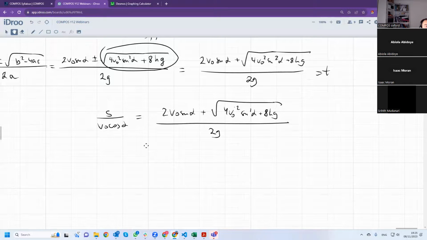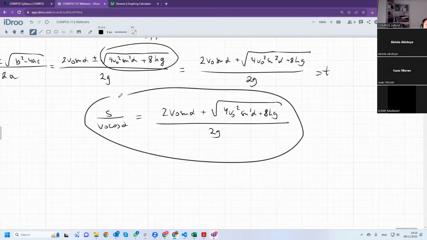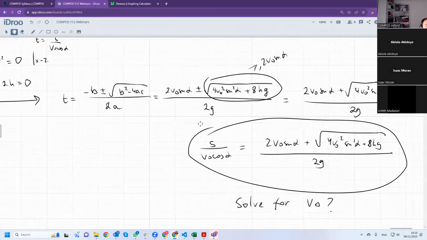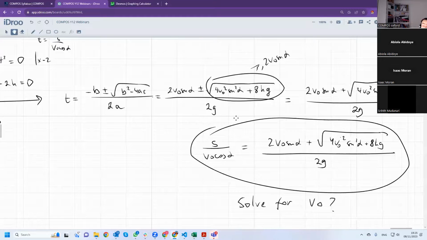Yeah, doesn't look good, does it? Okay, so from here, solve for v0. I don't want to spend 15 minutes doing that, so maybe you can find a better way.